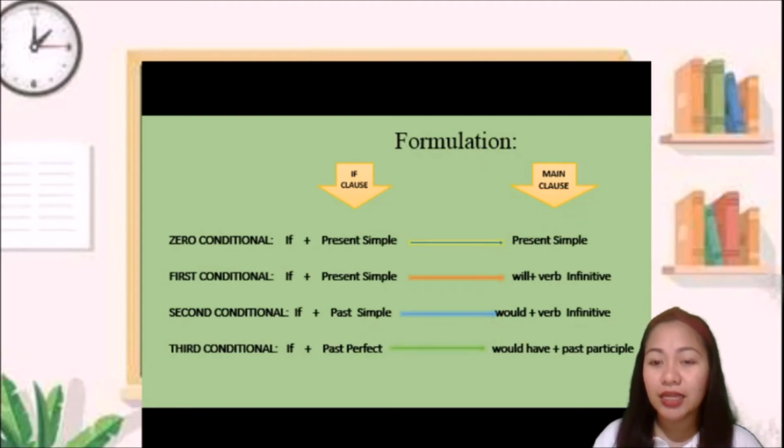Second conditional, if plus past simple for your if clause plus would and the verb infinitive for your main clause. And lastly, for the third conditional, if plus past perfect for your if clause plus would have plus past participle for your main clause.